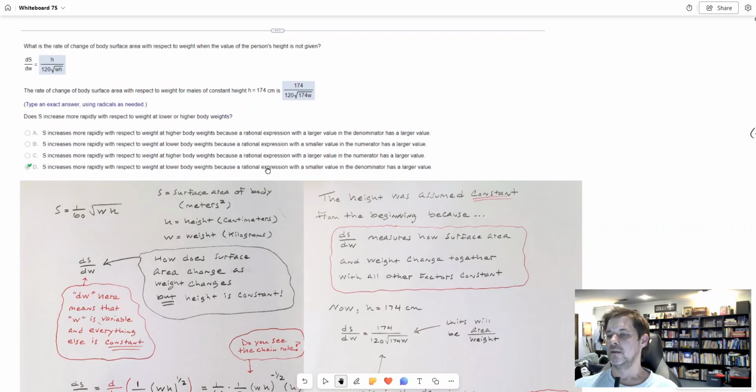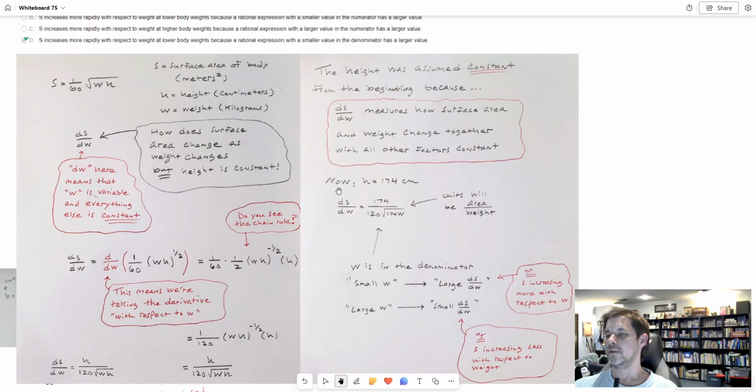So this number might not be the same all the time, depending on what your weight happens to be. Whatever your weight is, if you get a little heavier, the surface area will also increase, but exactly how much might depend on how much you weigh to start with.